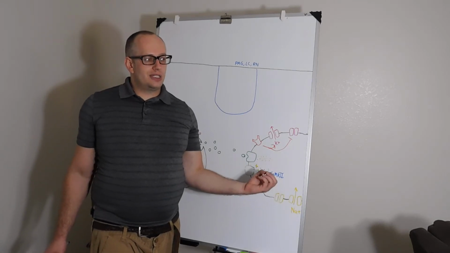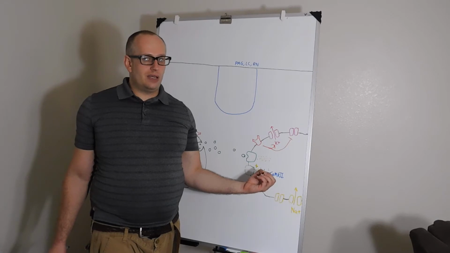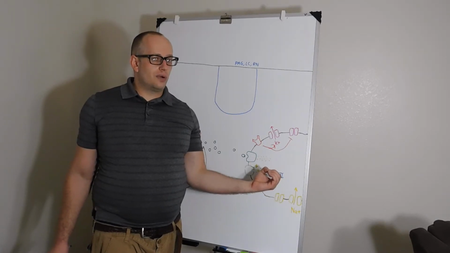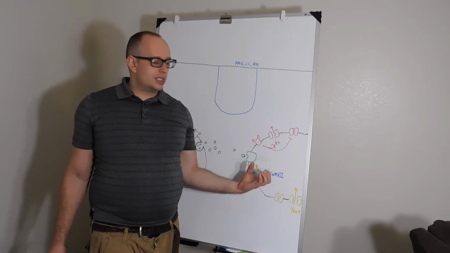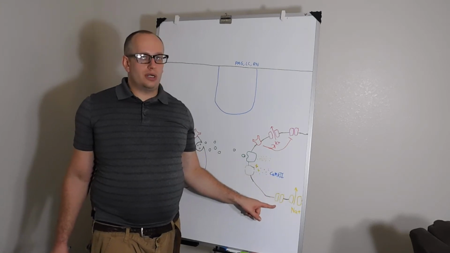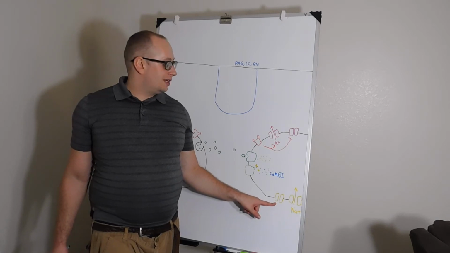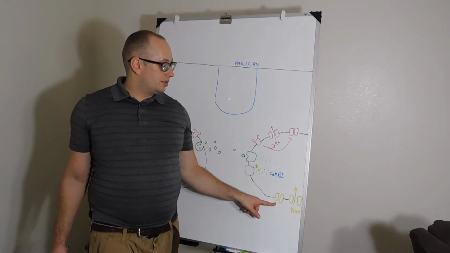This inactivated state can't be activated again. Even if the voltage drops to the right level, it doesn't matter. It stays shut for a short period. Then it switches back to a state where it's ready to open again.